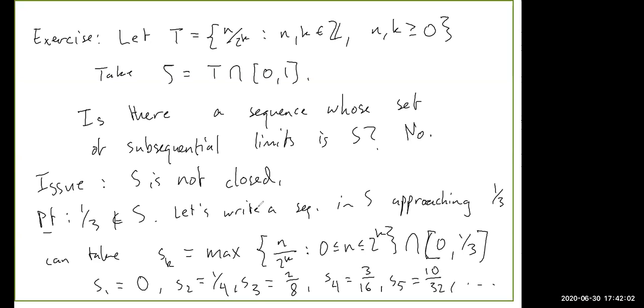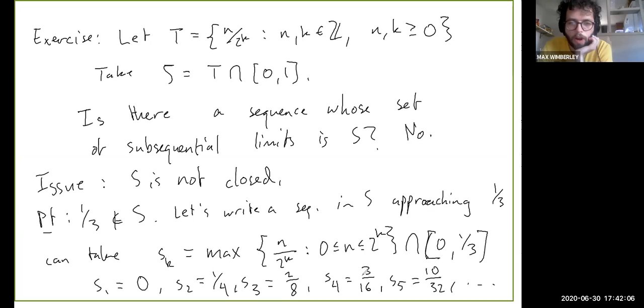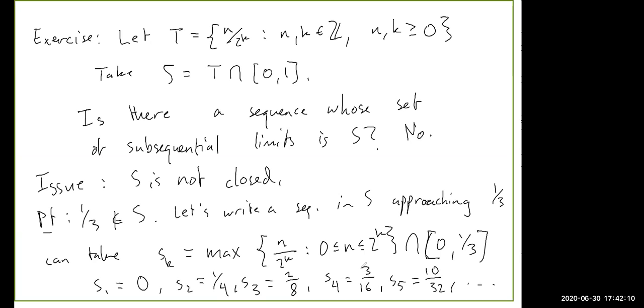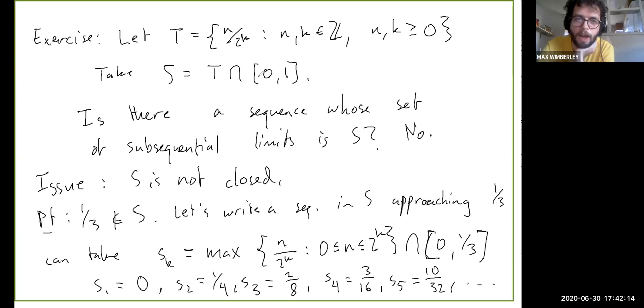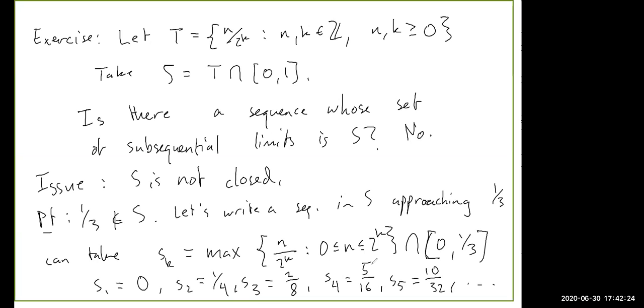For S4, how did you get 3/16? Oh, I was just thinking, what's the biggest multiple of a 16th that's less than a third? Oh, sorry. It should be 5/16. Sorry, I'm totally spacing out. Yeah, 5/16. And so it's the biggest value that's less than 1/3?